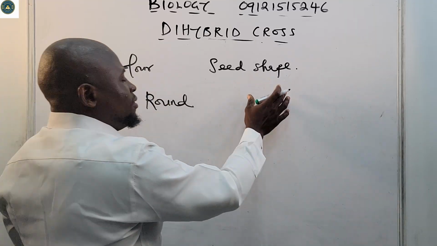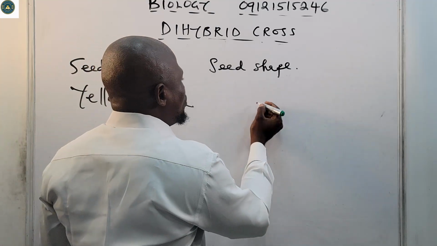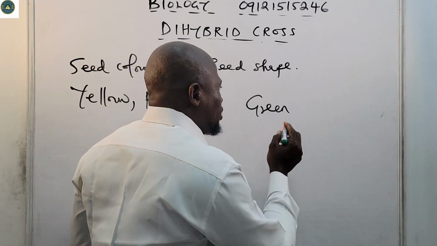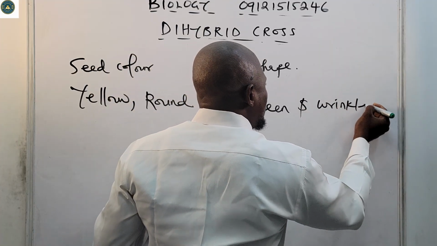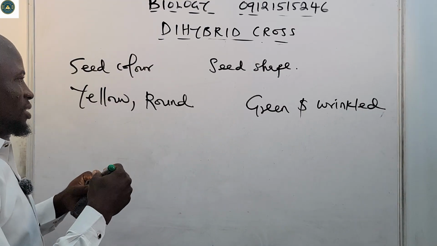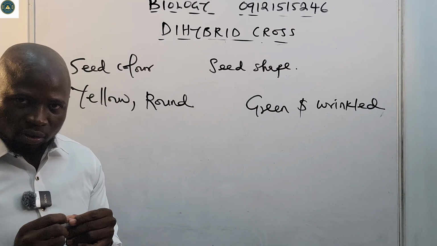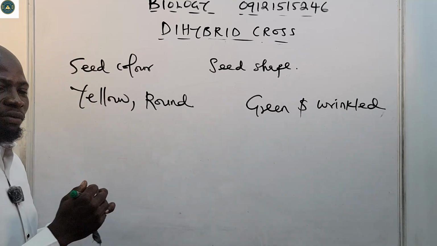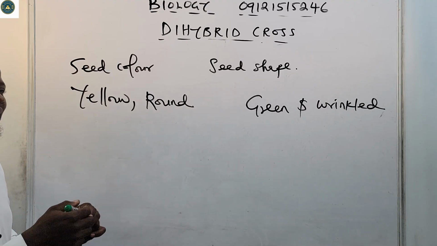Now for the recessive traits, we are considering green seed color and wrinkled. These are the alternative alleles, or alternative traits, that we are considering.